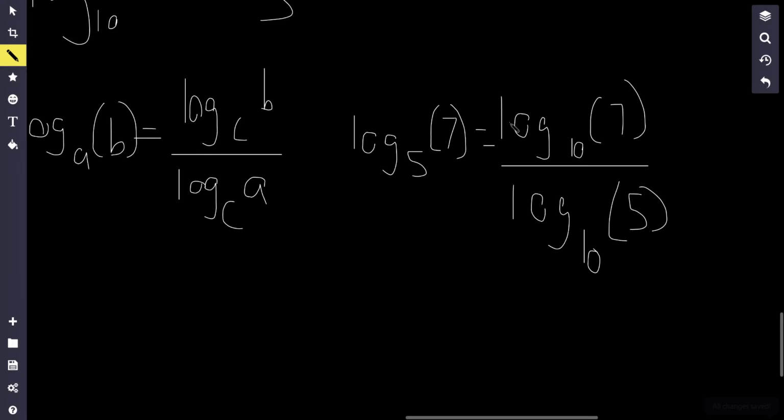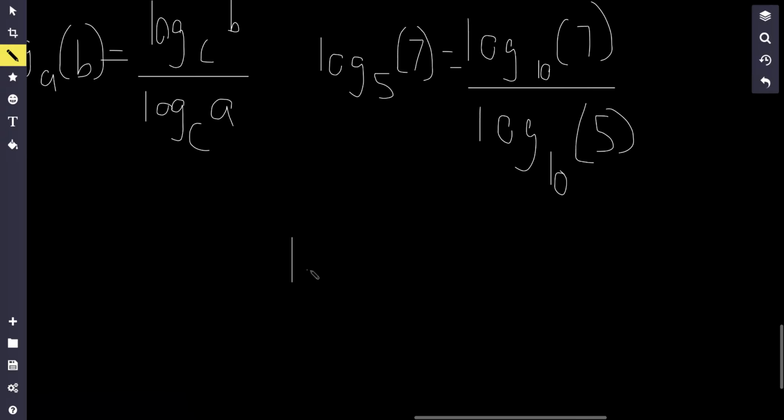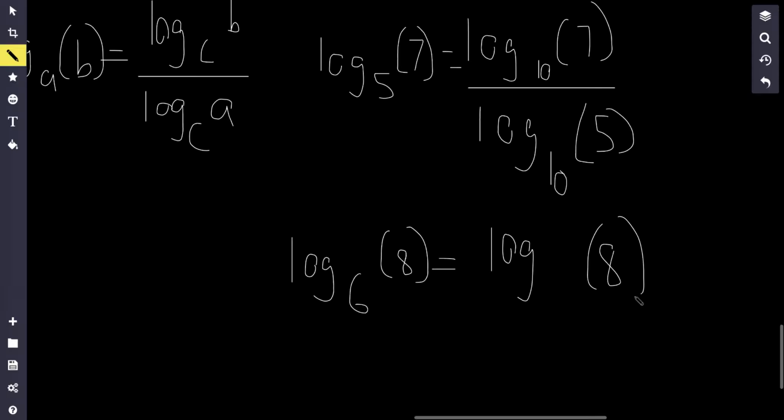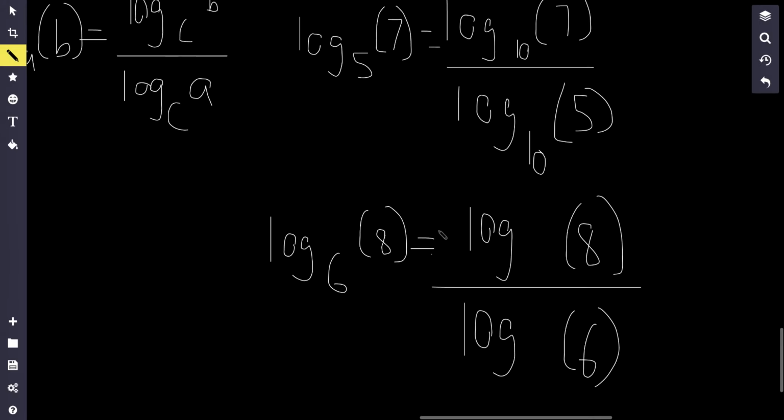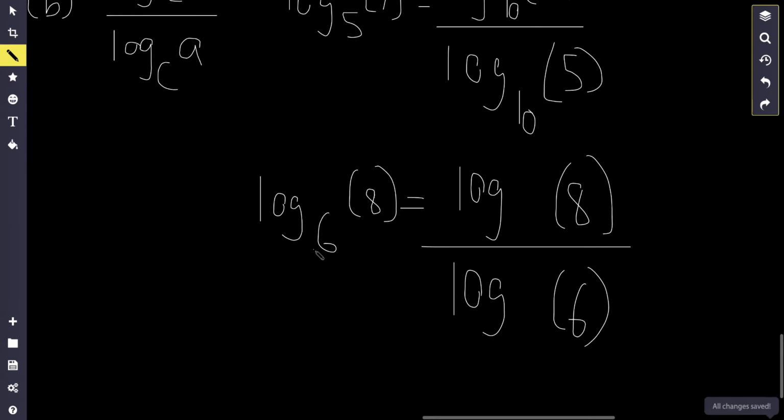And you can see how useful this theorem is. For example, if I have log base 6 of 8, first I'm just going to write out the stuff we know. Remember that the thing inside the parentheses always goes in the numerator, and the base always goes in the denominator.